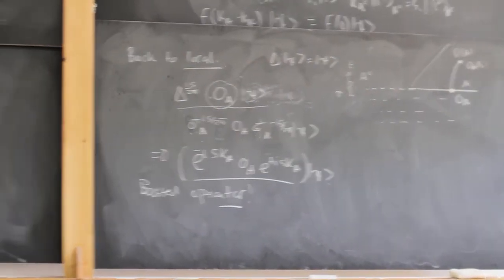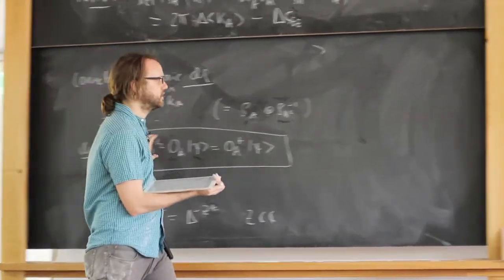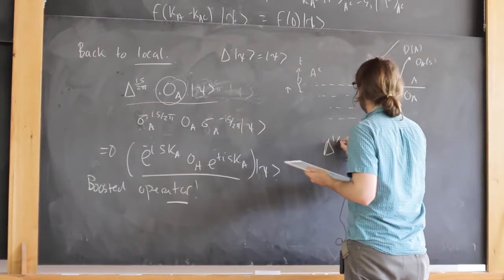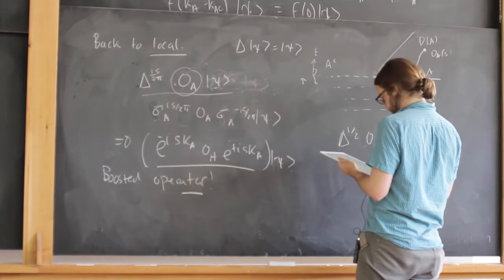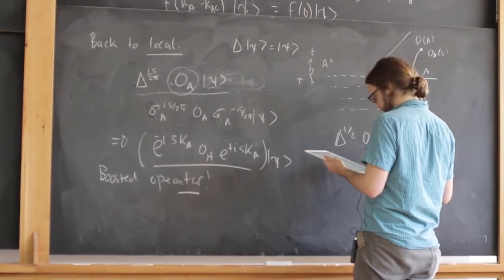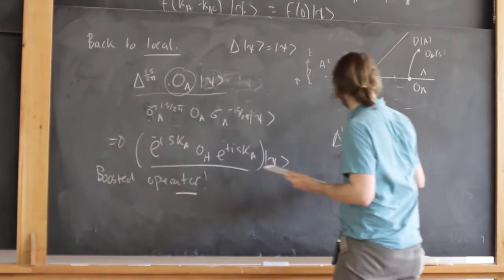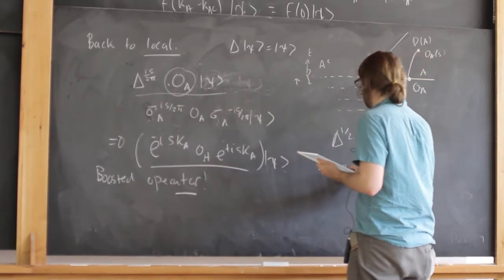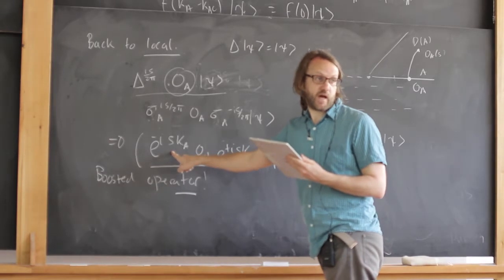But now we can sort of try to interpret this equation here. So what is delta to the 1/2? Well, if I act with delta to the 1/2, right, if I make the same trick acting on the vacuum, then this just becomes a boost, but a boost by an imaginary amount, which is pi.